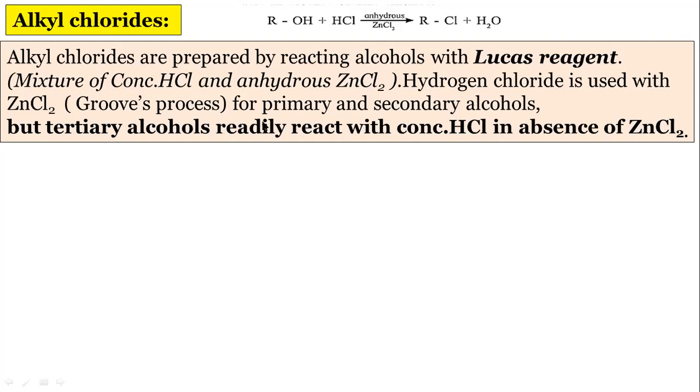This process is also called Groove's process. This is not included in your textbook, but in the NCERT syllabus it is included. Those students who are preparing for national exams, for example JEE or NEET, remember this Groove's process. It is the same mixture of concentrated HCl and ZnCl2, the Lucas reagent.